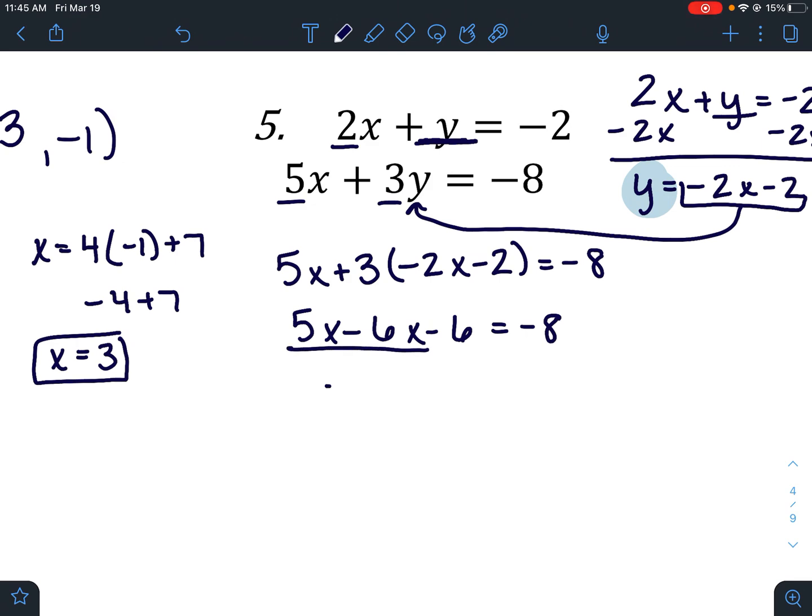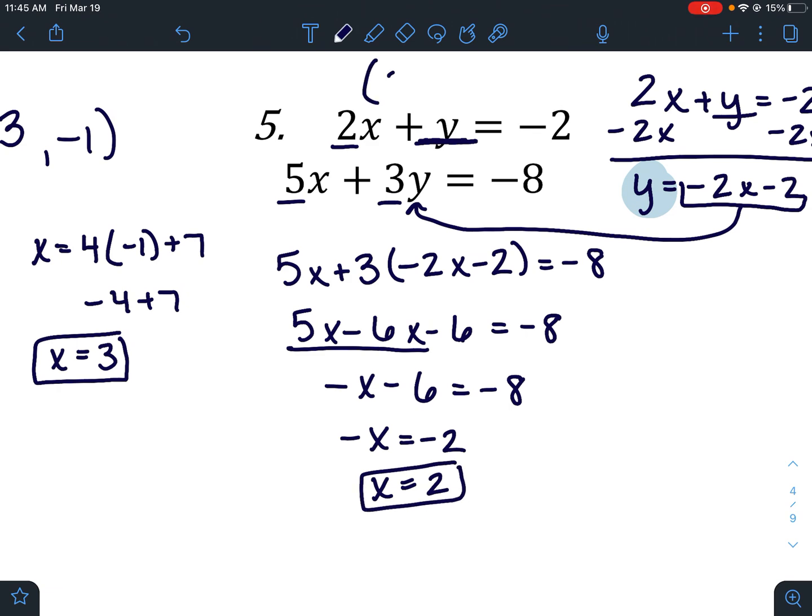Combining these like terms, I get negative x minus 6 equals negative 8. Add 6 to both sides, so negative x equals negative 2, which means x equals positive 2. So when we're talking solutions here, my x is going to be 2.